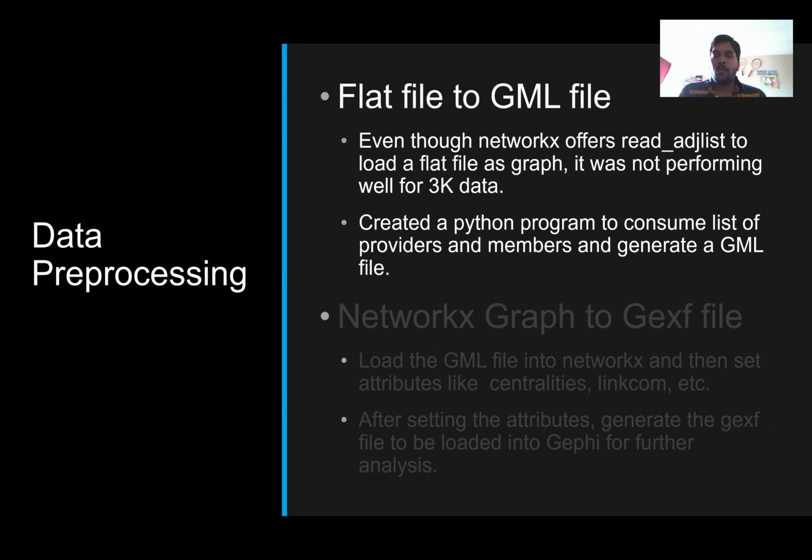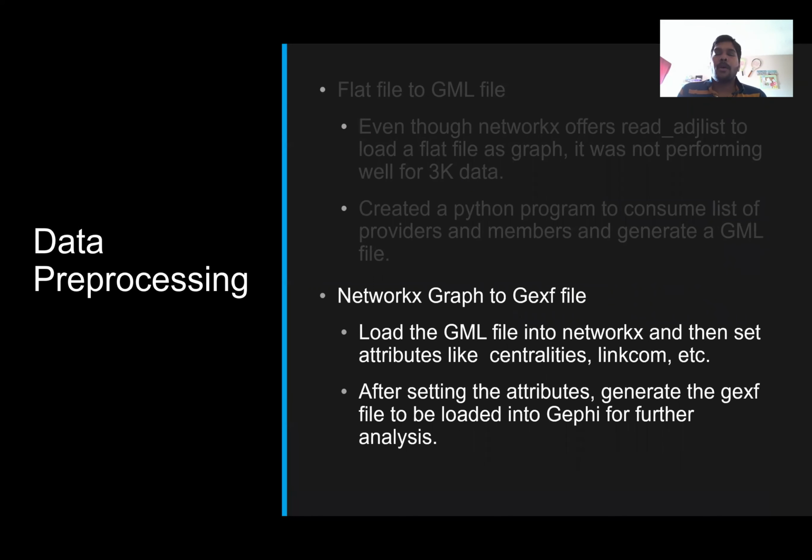Even though NetworkX offers a method called read_adjlist to load a flat file directly into a graph, I found that it was not performing well for more than 3K of data. Since I have more claims, I had to create a Python program to convert this provider member data into a GML file format.